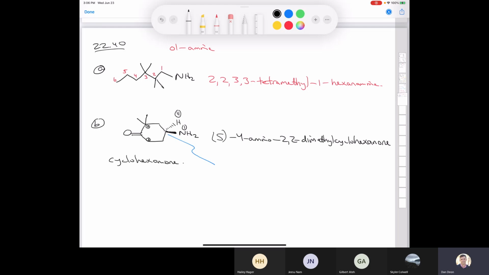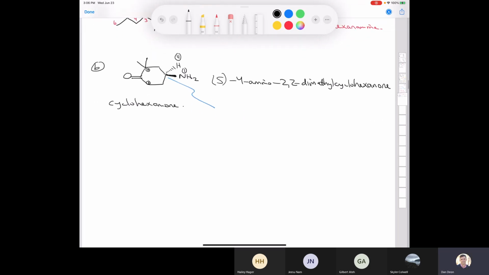Next one, you've got 2 cyclobutyl groups on it, so let's write that down. We've got our amine with a methyl. We've got a cyclobutyl group here, and then we have another cyclobutyl group there. So we could call this dicyclobutyl methylamine. That would work because we've got 2 cyclobutyl groups.